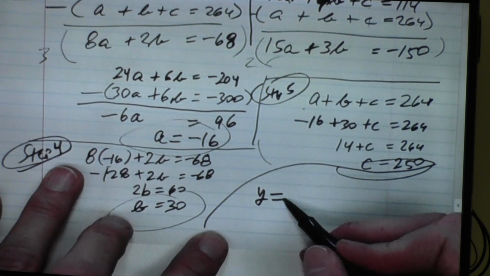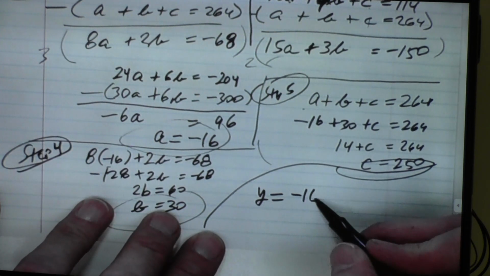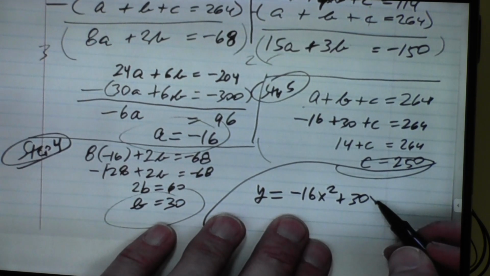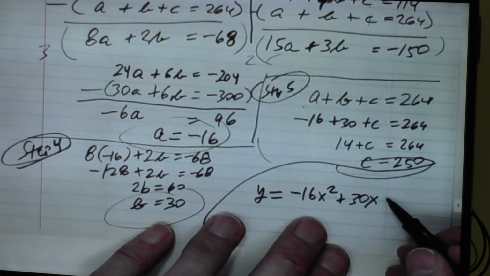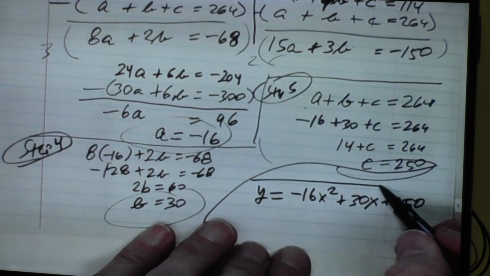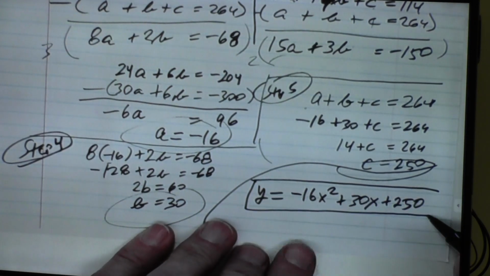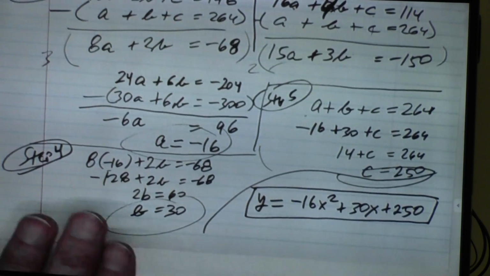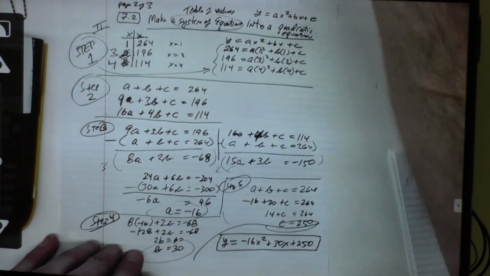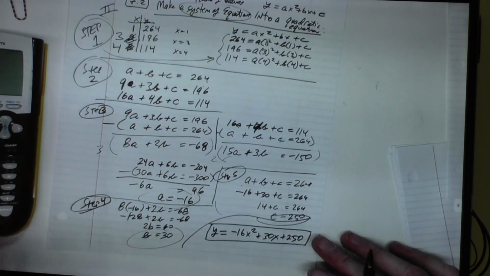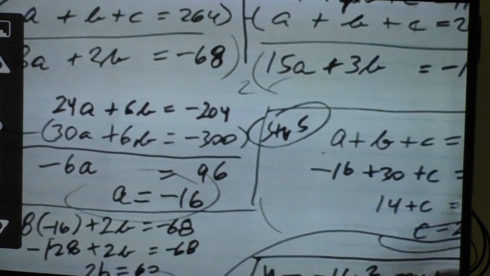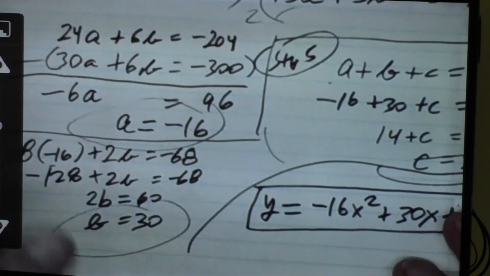So we'll do y equals A is negative 16x squared, B is 30x, and C is a positive 250. Okay, here's the filled out thing. I will bring it back up a bit so anybody who's copying the bottom part can see.